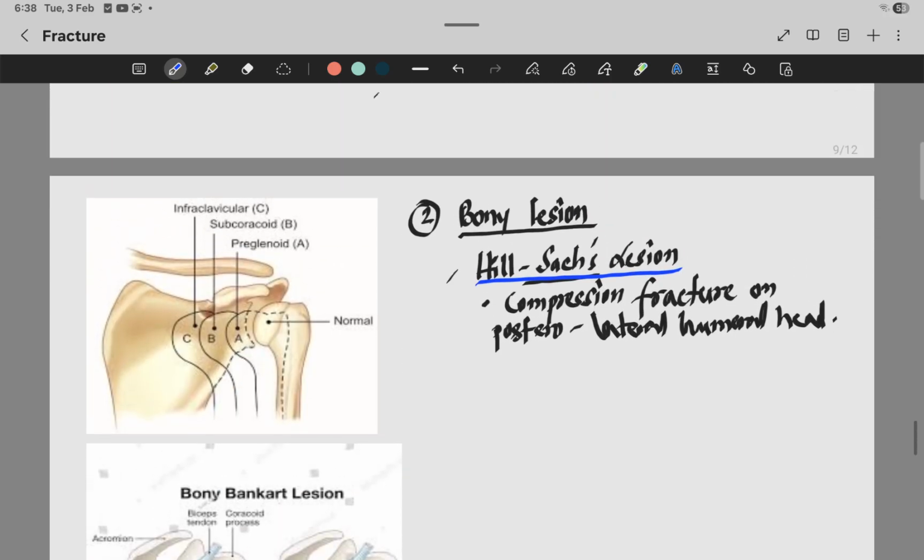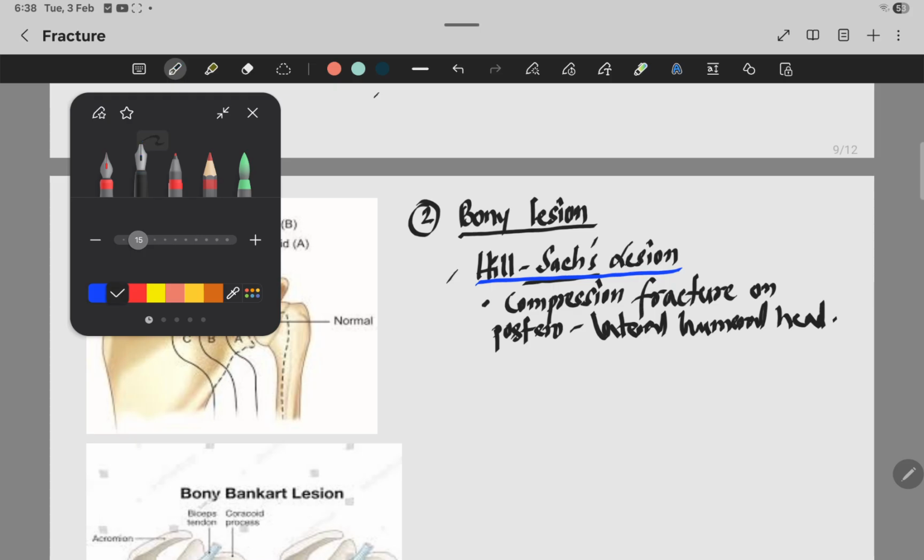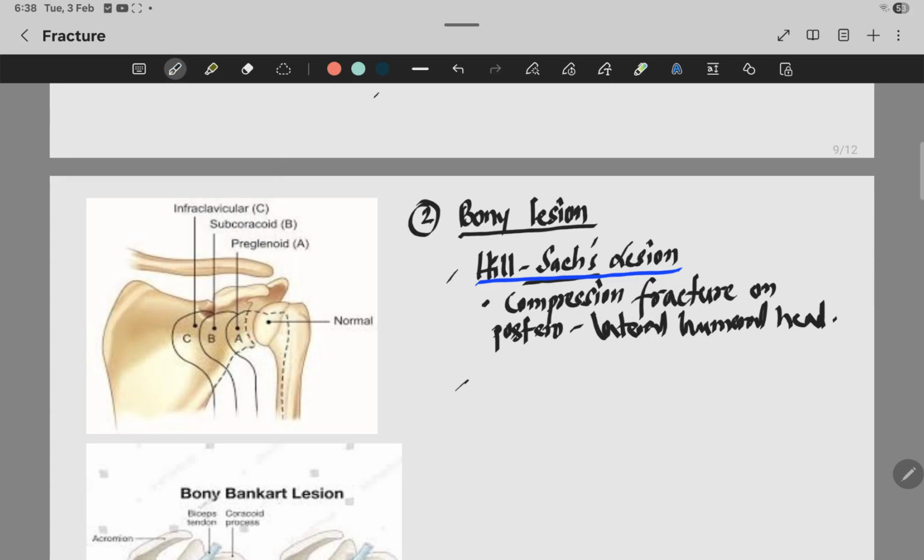It occurs when the humeral head impacts the anterior glenoid rim.